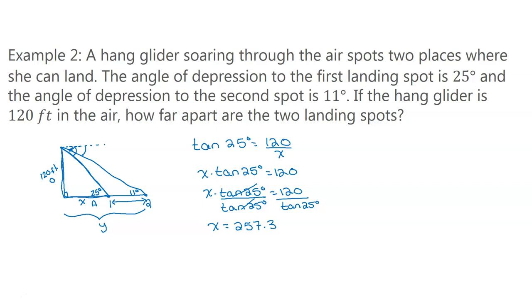Now if I look at the larger triangle, I see that 120 is still the opposite and y is the adjacent, so we'll use tan again. So similar to the one we just did, we are going to cross multiply and then divide.